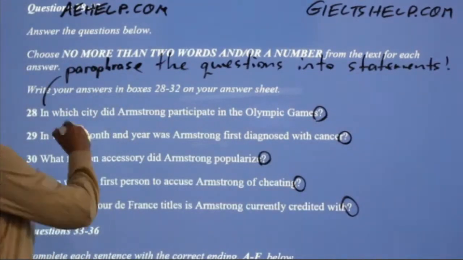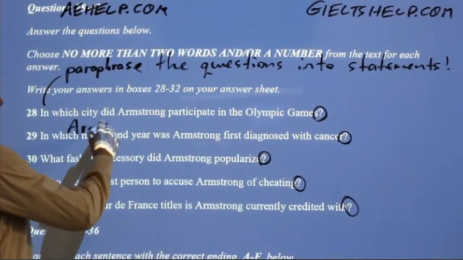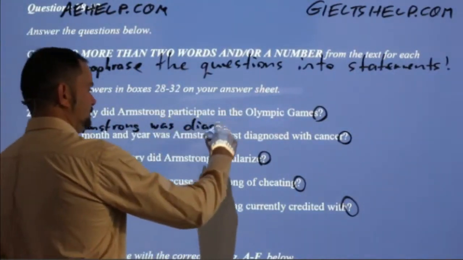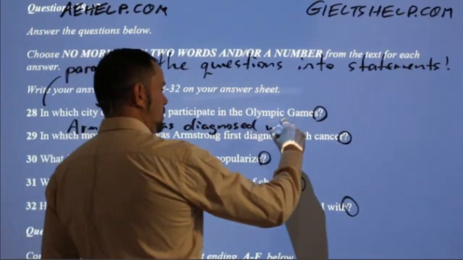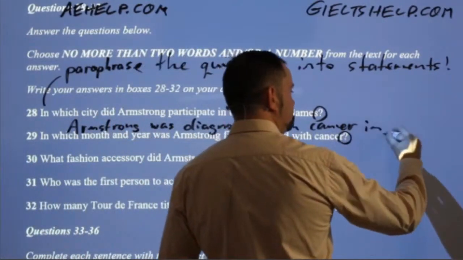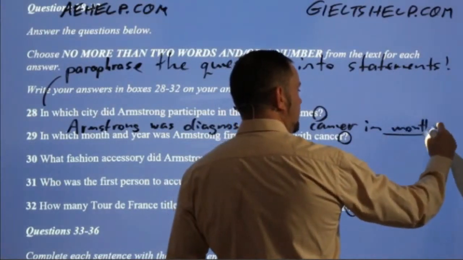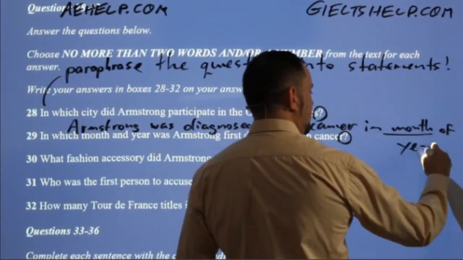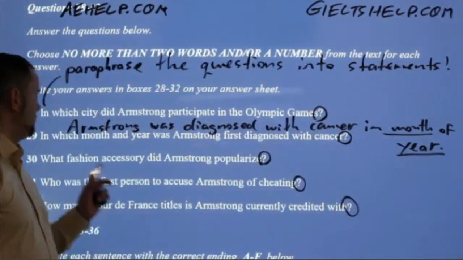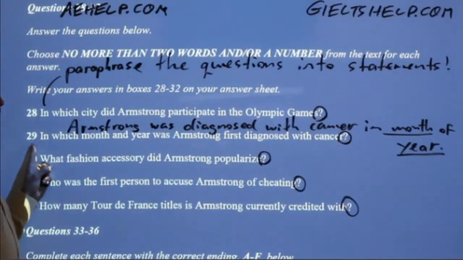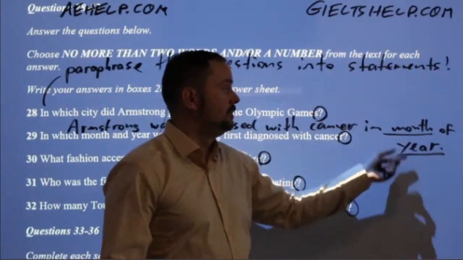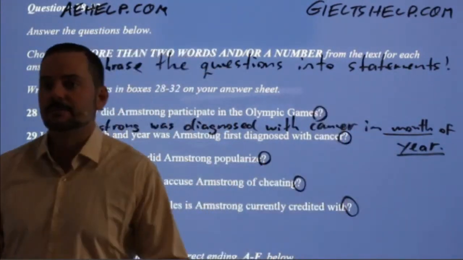So Armstrong was diagnosed with cancer in month of year. Okay, so that's how I would paraphrase this second one, number 29. Armstrong was diagnosed with cancer in October of 1995, something like that. All right.